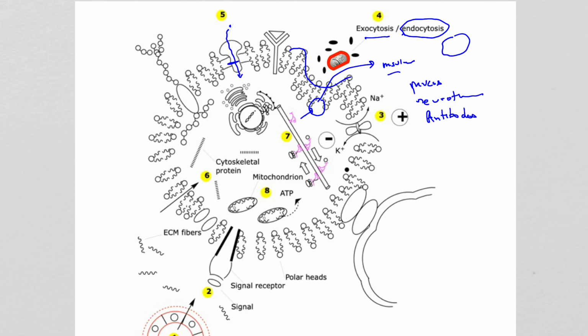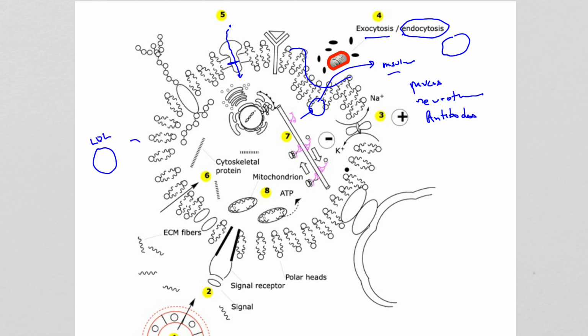Okay, so exocytosis sends chemicals out of the cell, chemicals that the cell has made or doesn't want, and endocytosis allows larger chemicals or particles to be taken into the cells. One clinical significance we'll talk about later is the taking in of LDL.